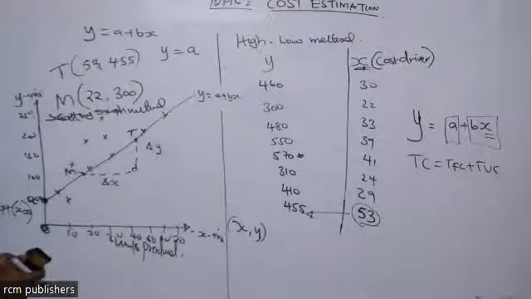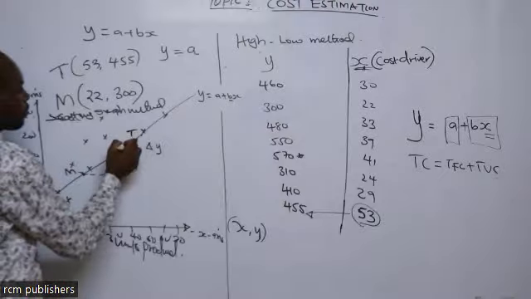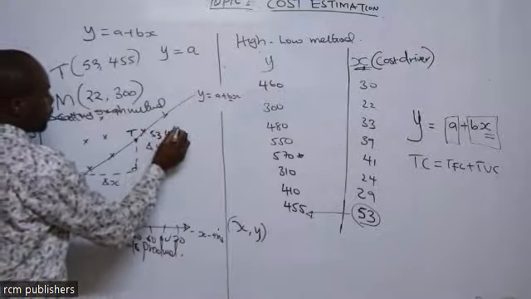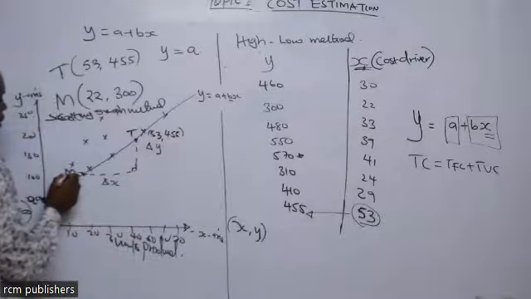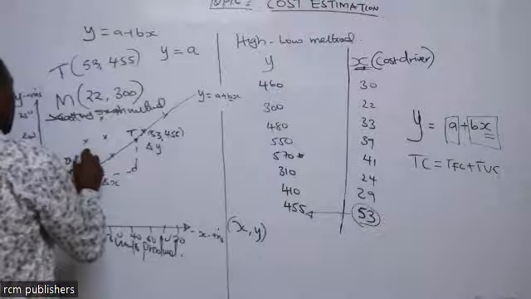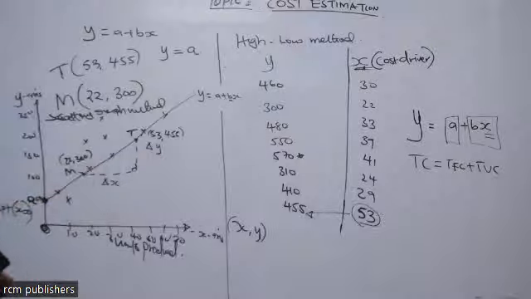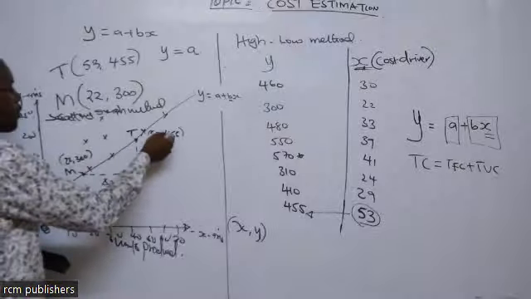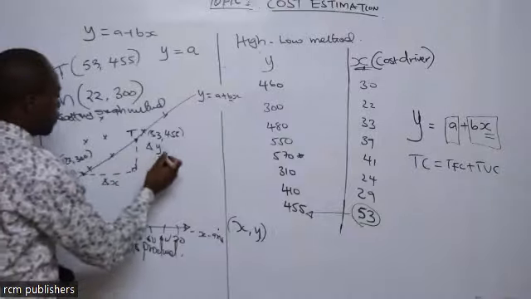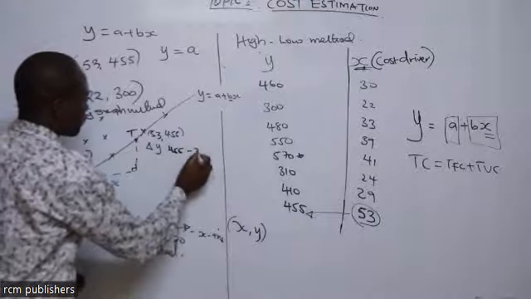How do we get change in y? The highest value of y at this point here, remember T is 53, 455. M is 22, 300. So we want to get change in y. Change in y is the highest value of y minus the lowest value of y, which is going to be 455 minus 300.